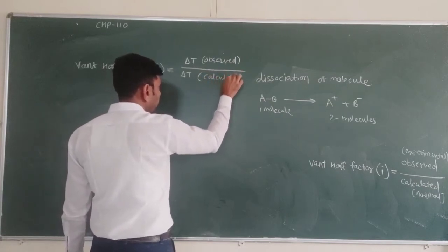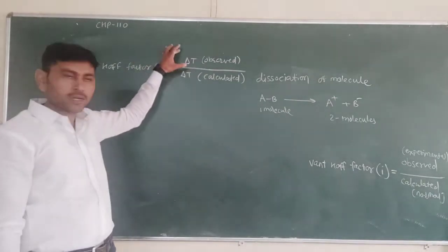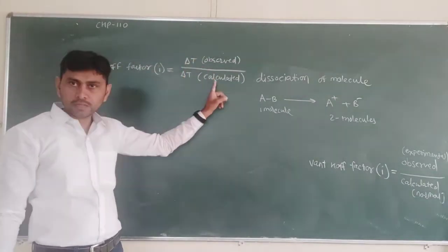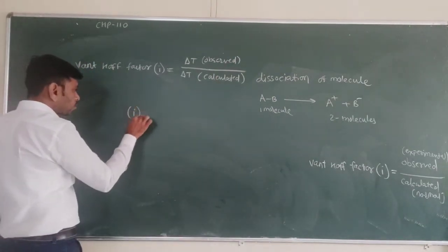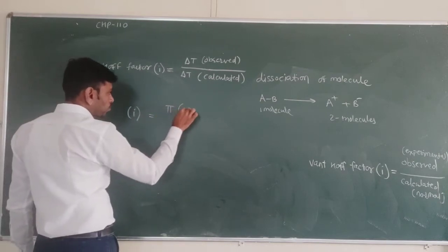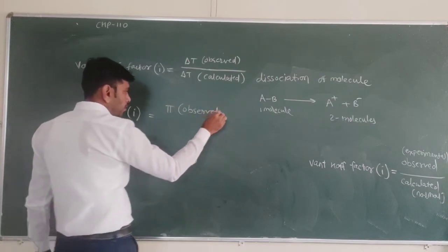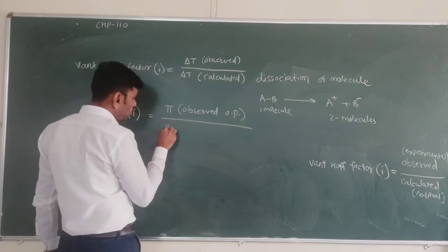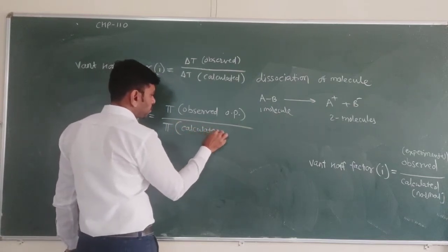So the Van 't Hoff factor i is the ratio of the observed delta T and the calculated delta T. Similarly for osmotic pressure, it is the ratio of the observed or experimentally determined osmotic pressure to the calculated or theoretical osmotic pressure.